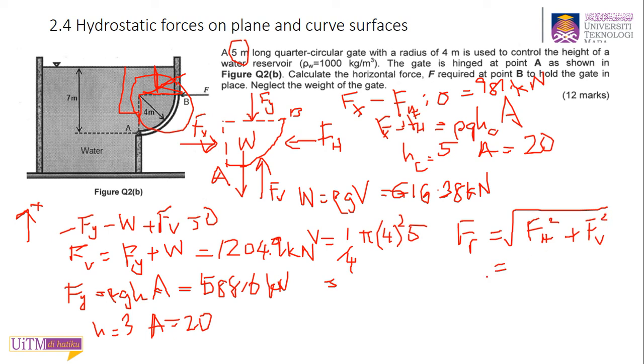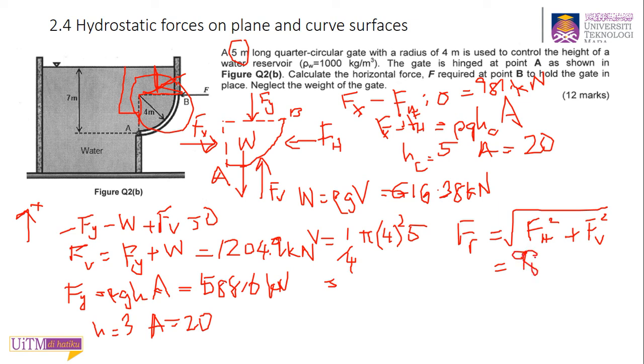Which is your answer? Apa FR? 981 kilonewton.